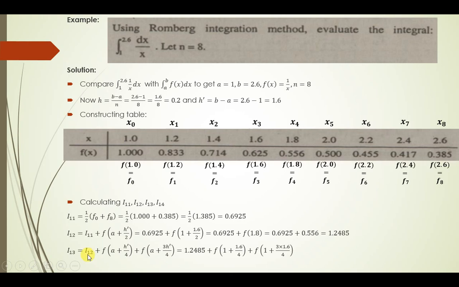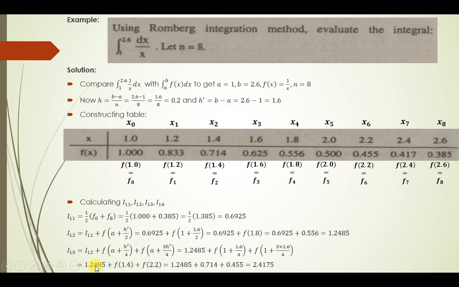So we have replaced I12 by 1.2485, a by 1, h prime by 1.6 by 4, then again plus f of 1 plus 3h prime by 4. So 3 times h prime by 4. Whenever you calculate this sum and this sum as well, you will get this thing.